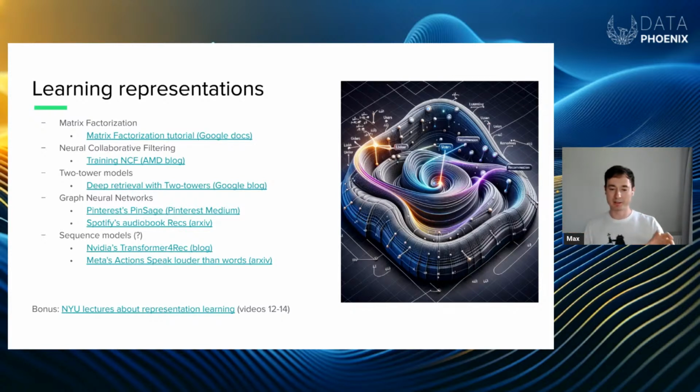You have a user that interacts with item A, item B, item C. You can represent this sequence of items as a sequence of tokens, and then use a sequence model to predict the next item. They proposed to use a transformer for that, obviously, because the transformer is a really nice and scalable architecture.